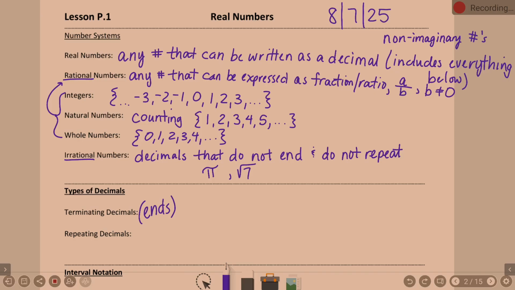So he said 2.5, right? How else could I write 2.5? 2 1/2. How else can I write 2 1/2? 5 over 2.